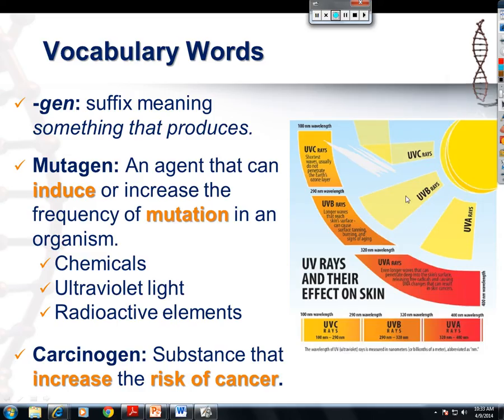I included this picture here so that whenever you get a chance, you can see the effects of UV rays and how they have serious detrimental effects on your skin.